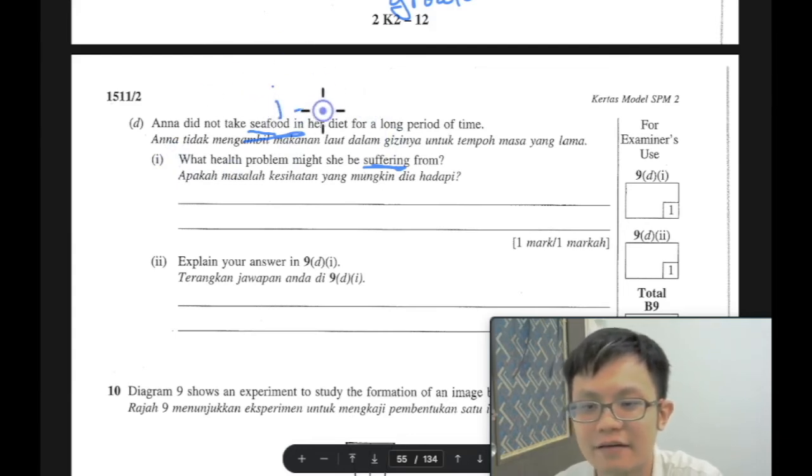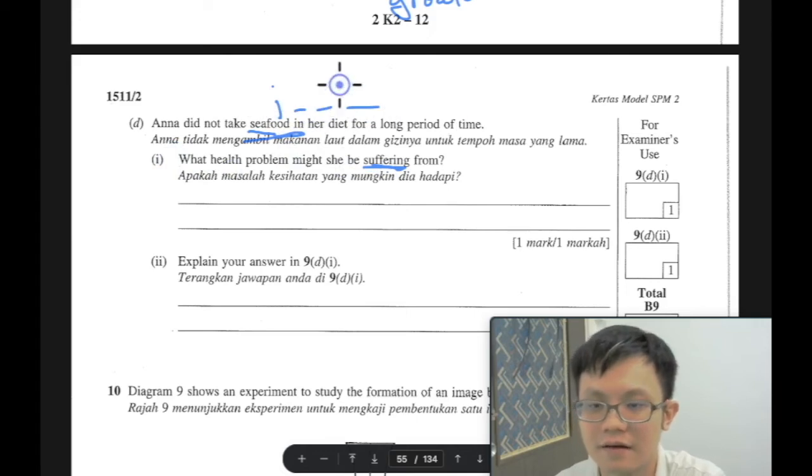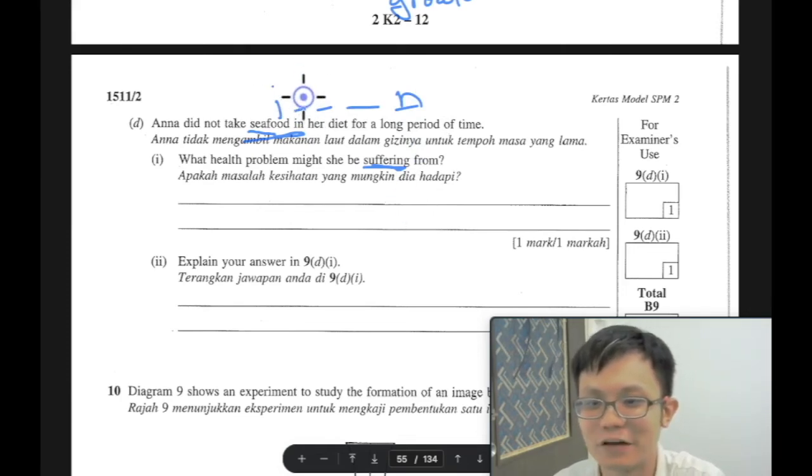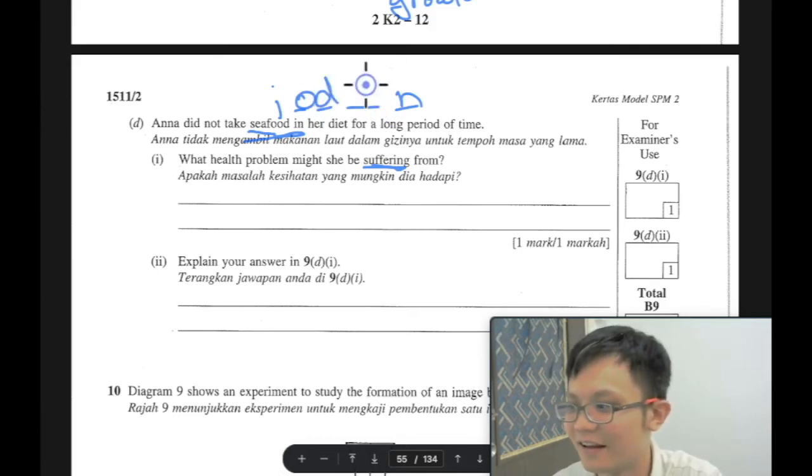Start with I. Start with N. Start with O. Last word. Iodine.